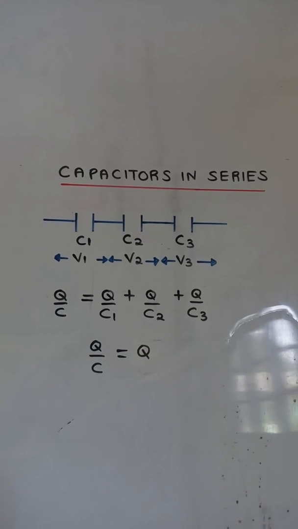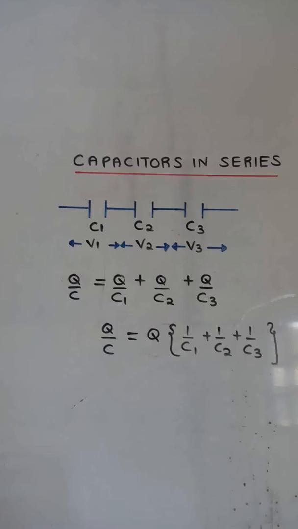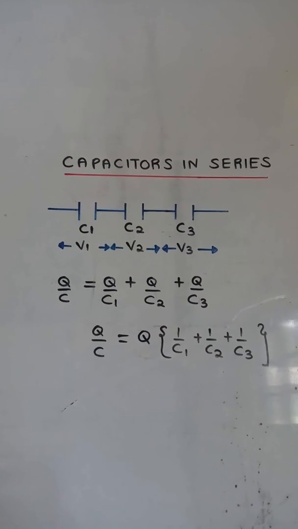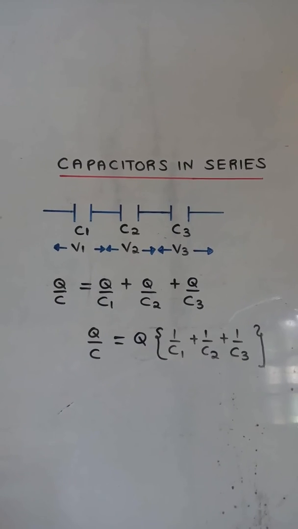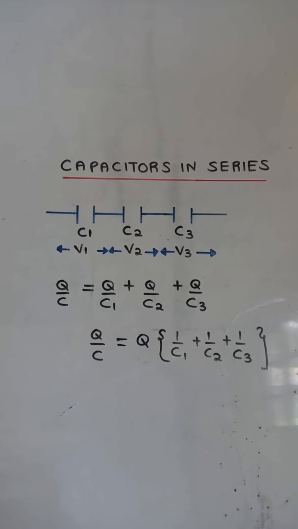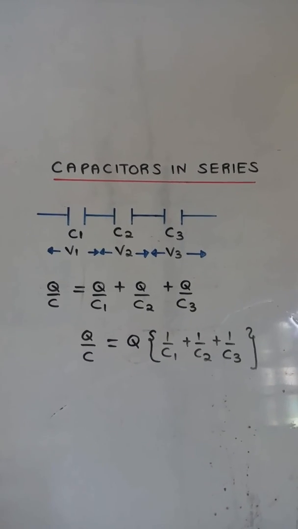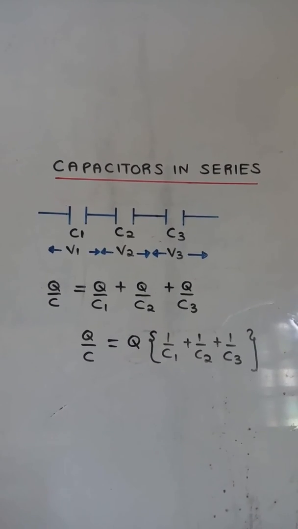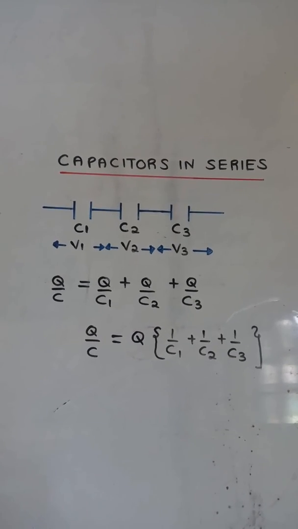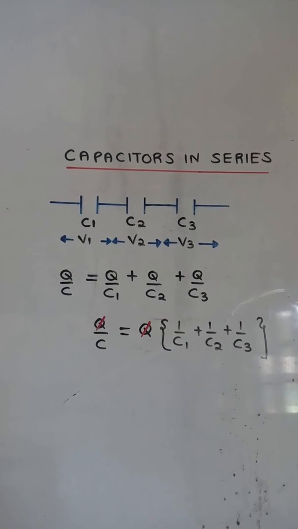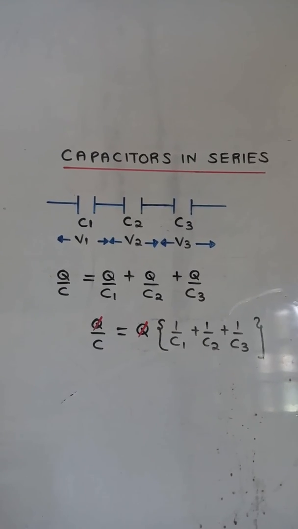By omitting the amount of charge out, we are going to remain with 1 over capacitance of capacitor 1 plus 1 over capacitance of capacitor 2 plus 1 over capacitance of capacitor 3. Amount of charge cancels with amount of charge.